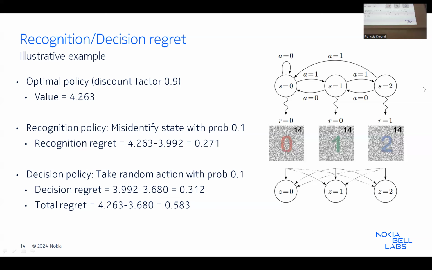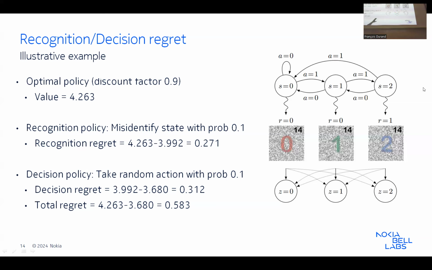So let's look at a particular recognition policy and a particular decision policy. First of all, suppose with the recognition policy, we misidentify each state with a certain probability. Suppose with 10% probability we misidentify, and we'll just assume we're in a random state at that point.